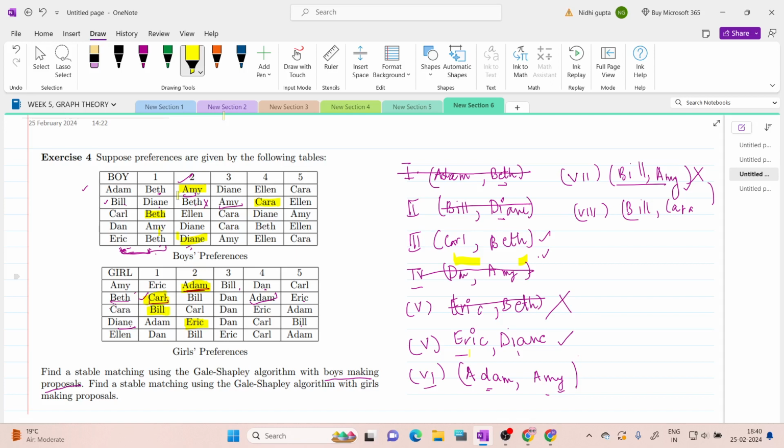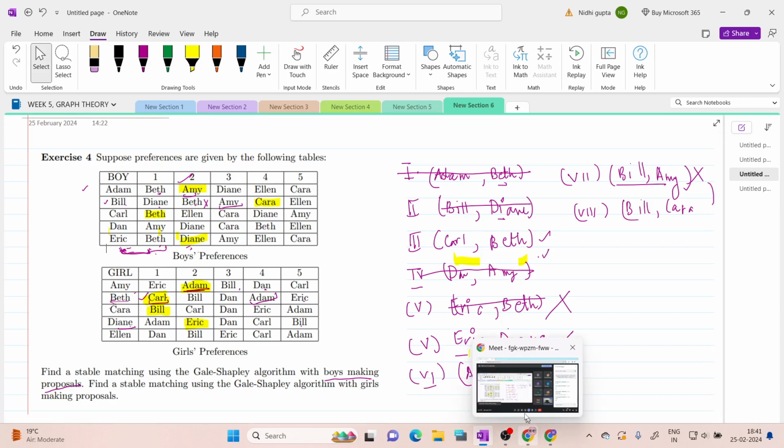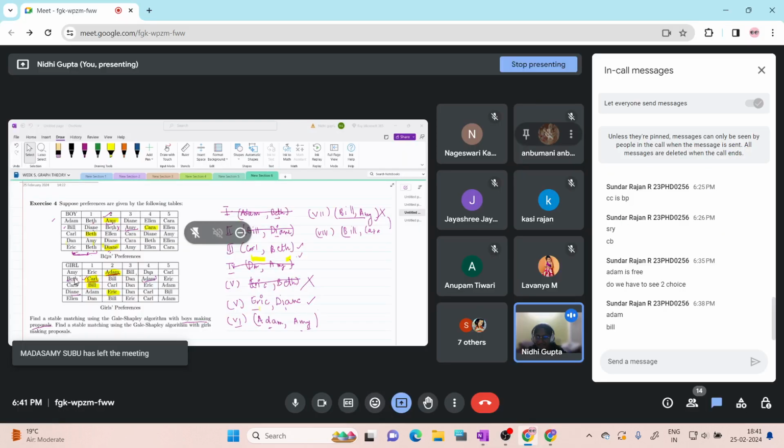So the next free man is Dan. So Dan has already proposed to Amy. We cannot look at that. Then we look at the second preference, Diane. But Diane is already engaged to Eric.